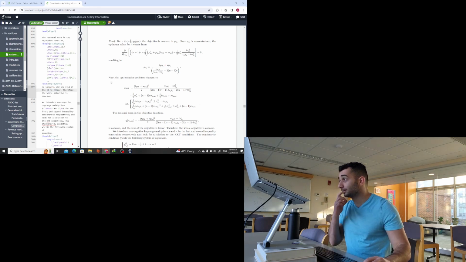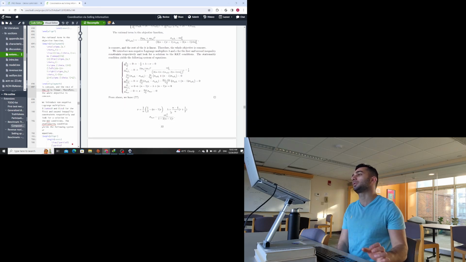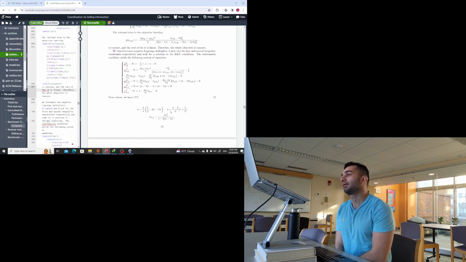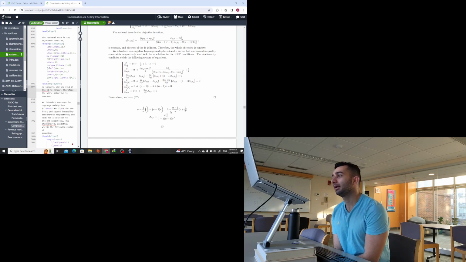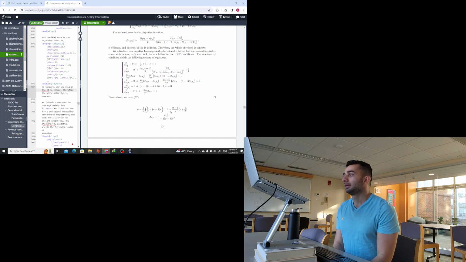Alright, that's enough. The main issue was referencing. We introduced non-negative Lagrange multipliers, lambda and nu, for the rest. Stationarity gives the following system.